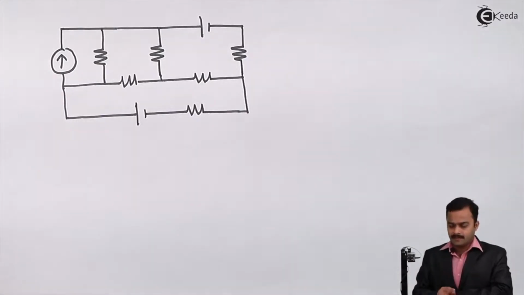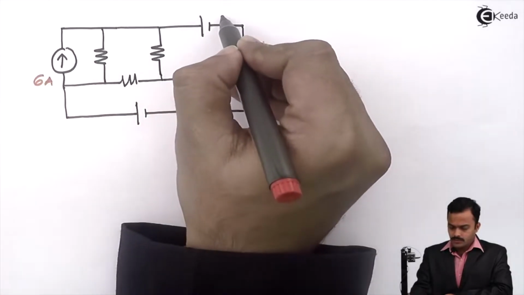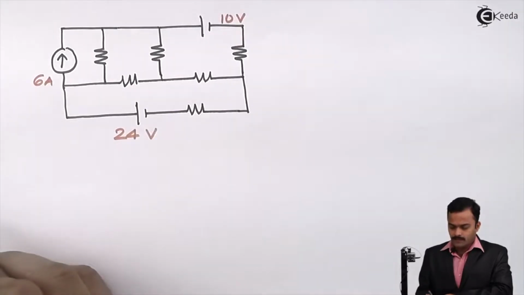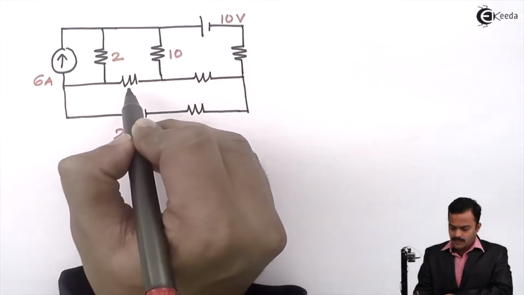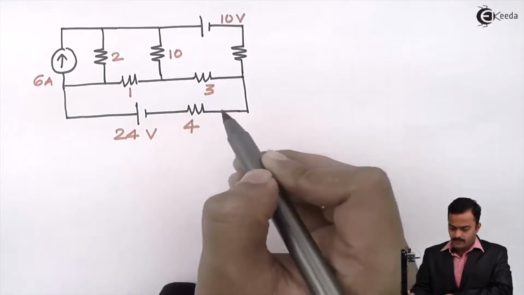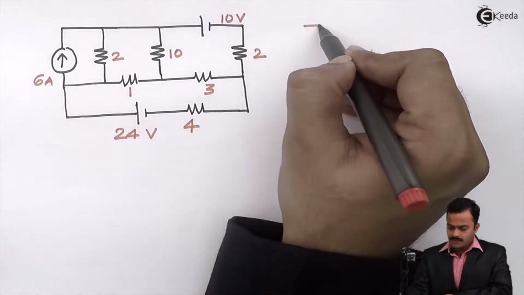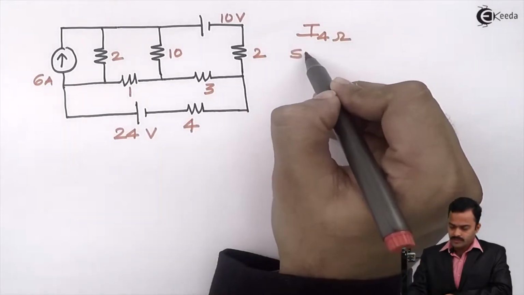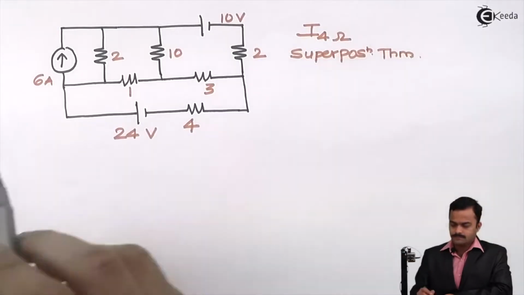So here I have taken a current source of 6 ampere, voltage source of 10 volt, another voltage source of 24 volt, and resistances of 2 ohm, 10 ohm, 1, 3, 4, this 2 ohm. Objective is to get current flowing through 4 ohm resistance using superposition theorem. So let's start.